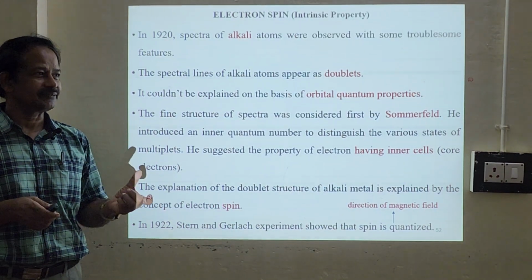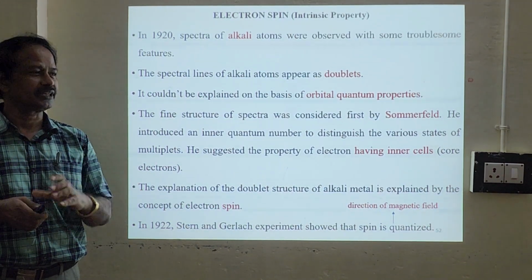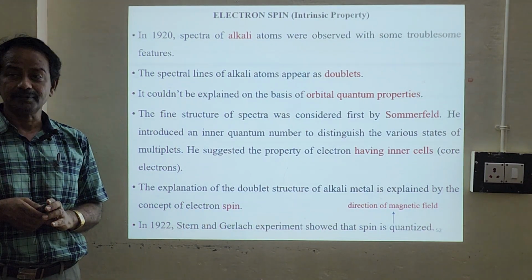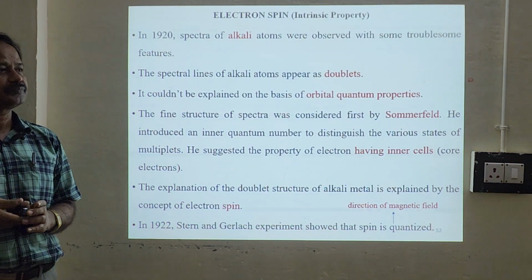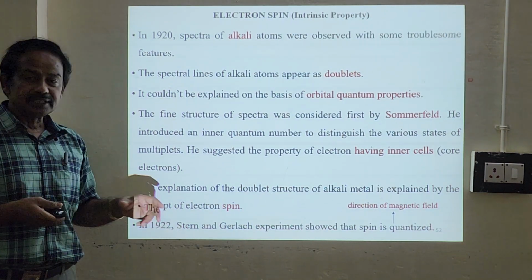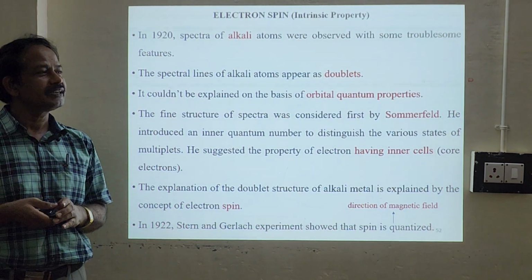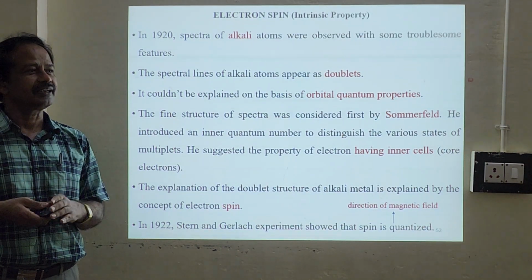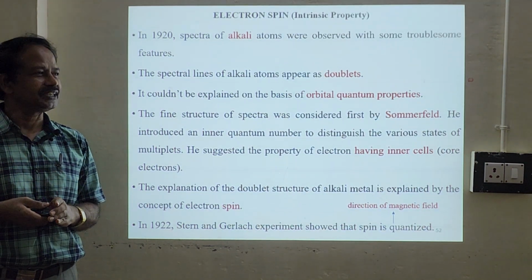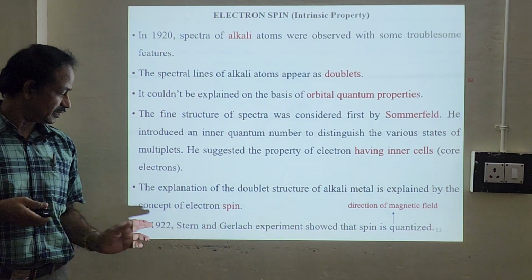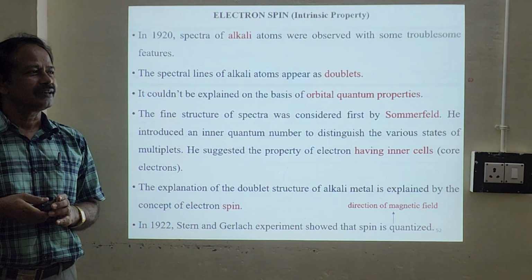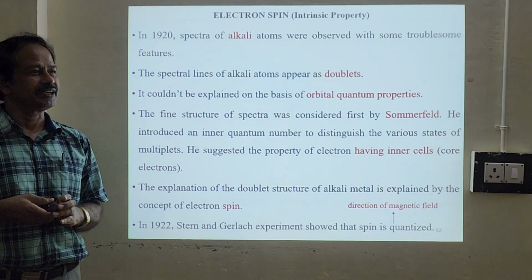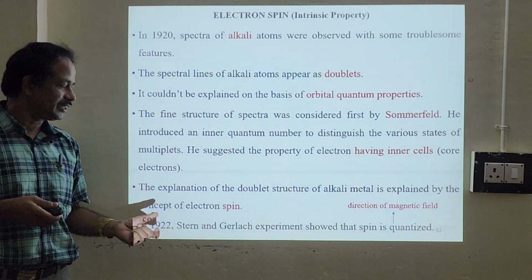He wanted to test whether the atom has a dipole moment or not, the magnetic moment of the atom. So Stern and Gerlach worked together exactly 101 years before, in 1922, I think on 7th February.